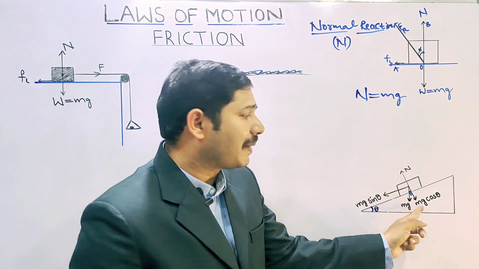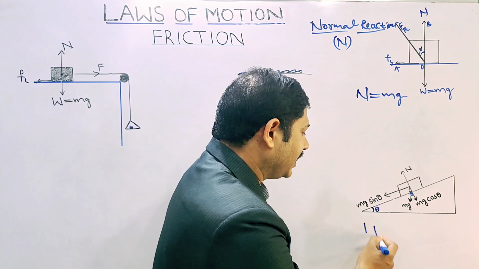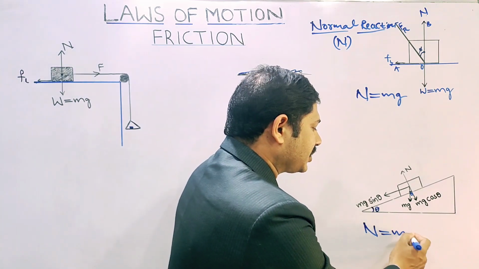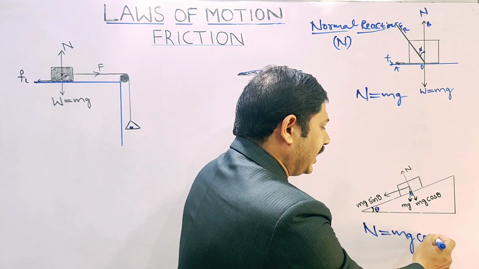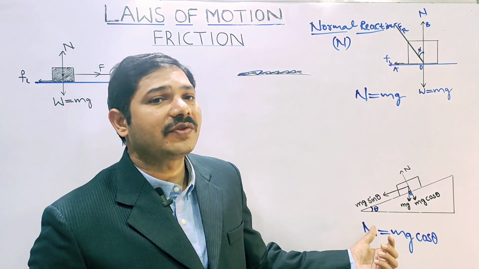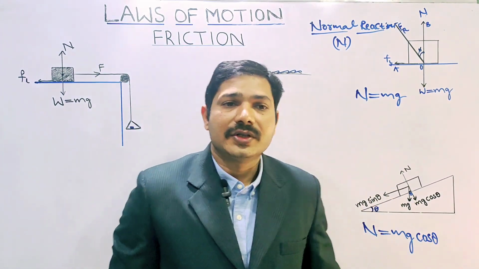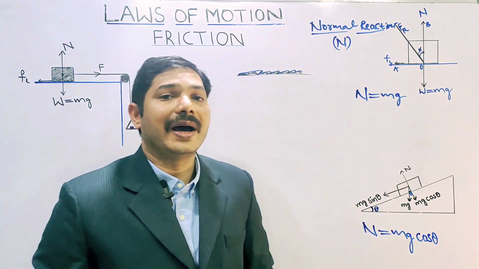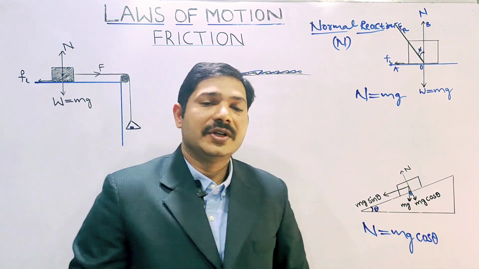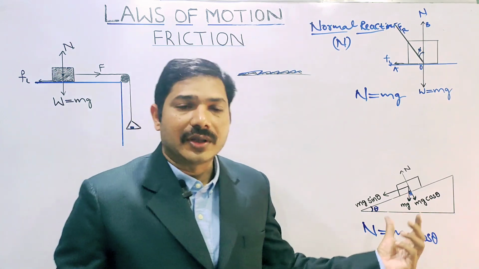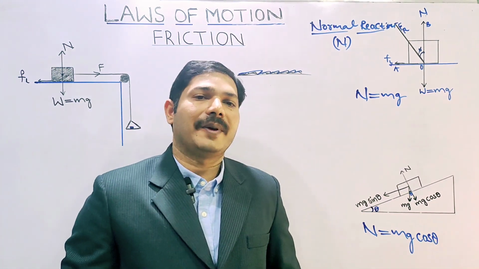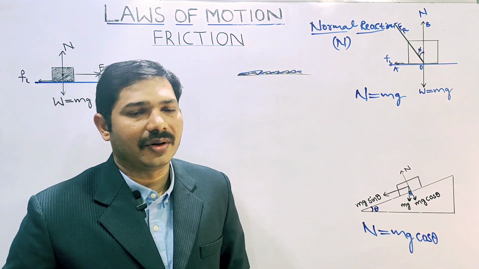So for an inclined plane, N equals mg cos theta, where theta is the inclination angle. We'll discuss inclined planes, rough and smooth, in detail later.